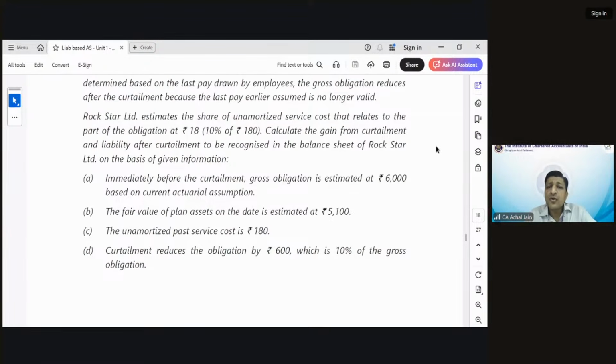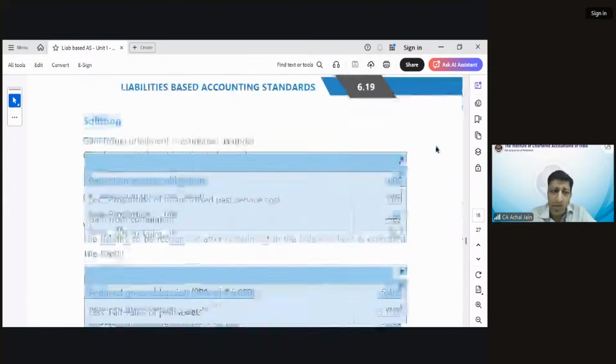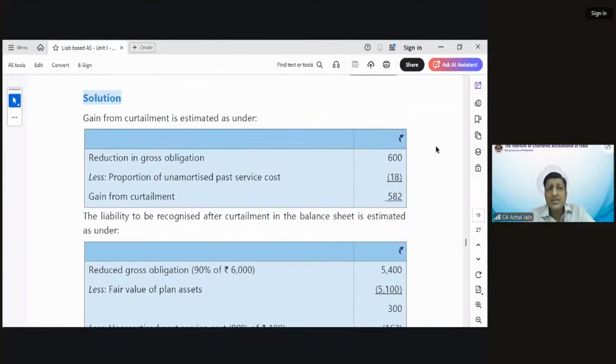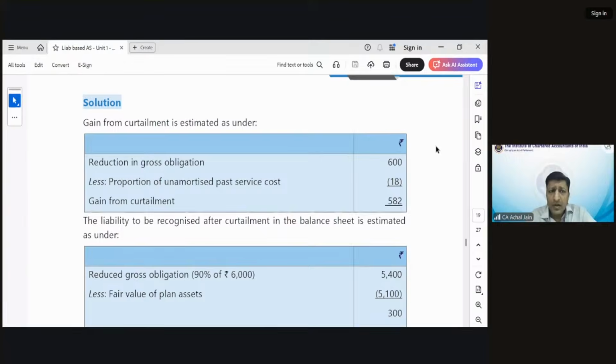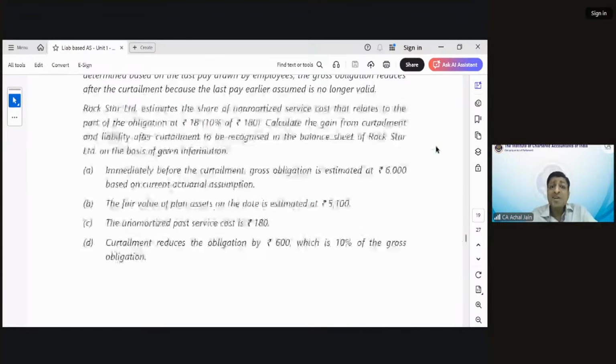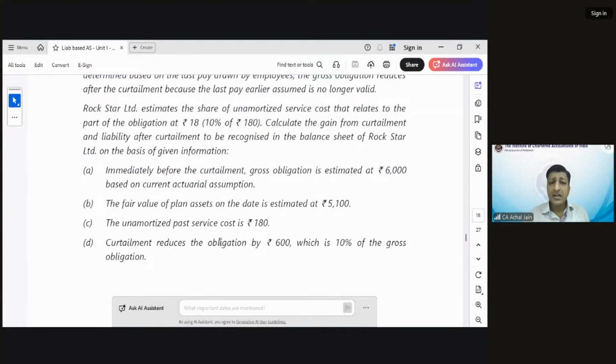Unamortized past service cost is 180. Curtailment reduces the obligation by 600, which is 10% of the gross obligation. Now in this case, what is the reduction in the gross obligation? It is 600. It is given to you in the question.